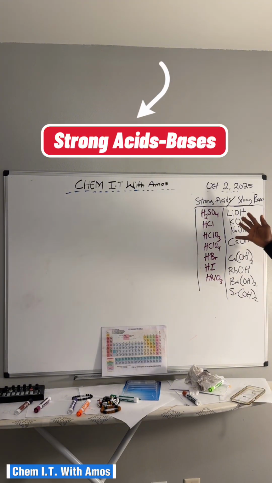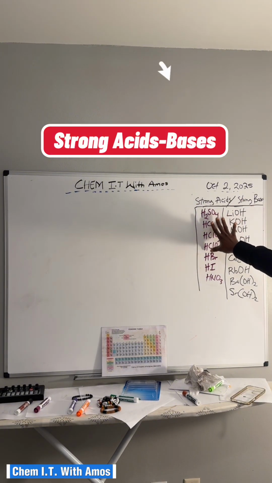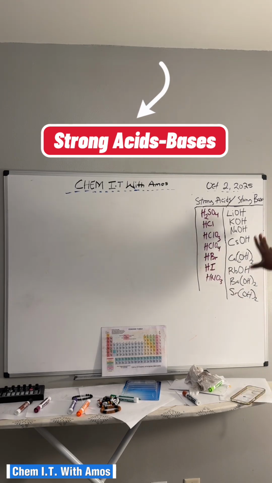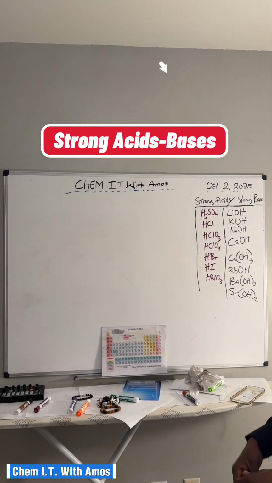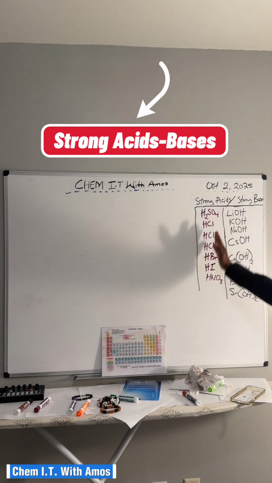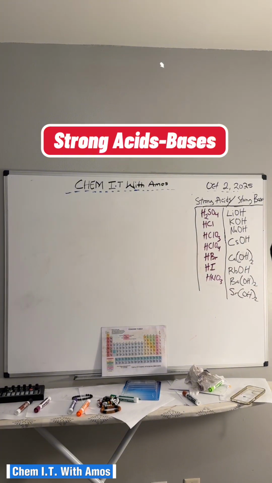We have 7 strong acids mostly and 8 strong bases, right? So these are the strong acids and these are the strong bases.